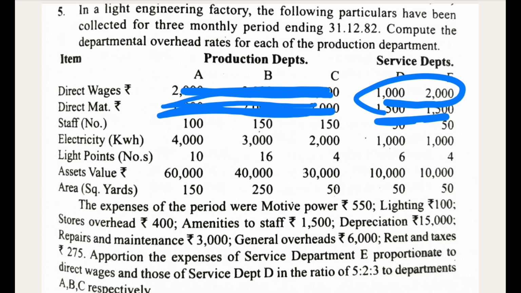Second point: if direct wages and direct material are given for the service department, we have to take them into the primary distribution table only in the columns of service departments D and E. Is it clear?